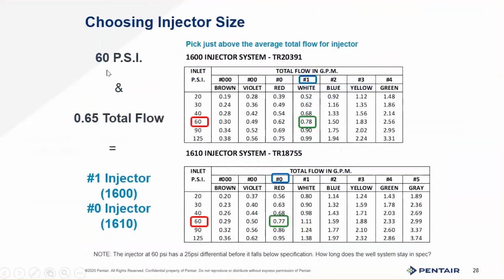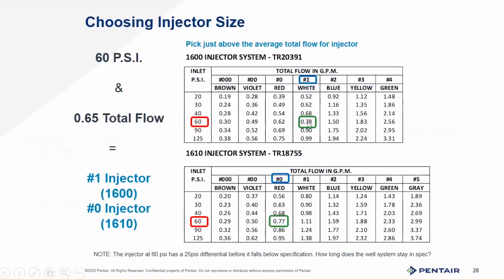So for the residential case, we're looking at the 1600 injectors typically, or the 1610 at 60 PSI. I'm going to assume we've got that there. I need to meet that 0.75 flow. I'm going to go across, and let's say this was 0.75. I'm going to go up to the next one up to make sure I can compensate for pressure drop, right?